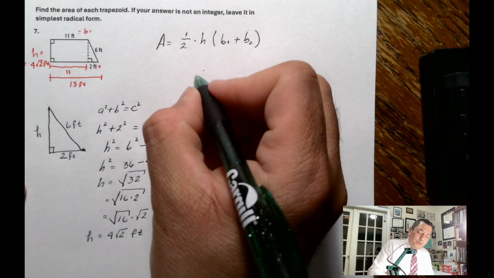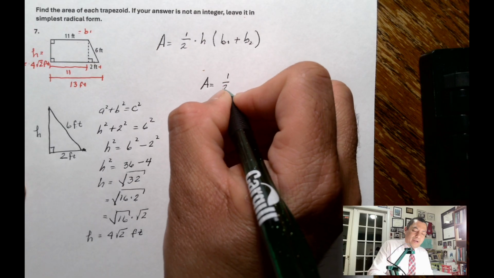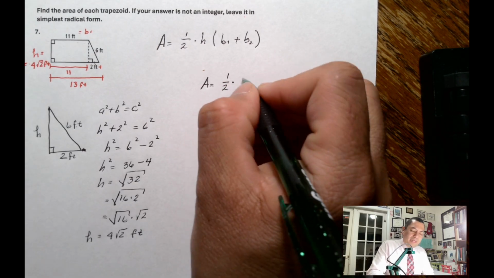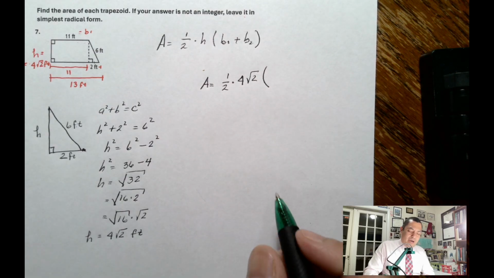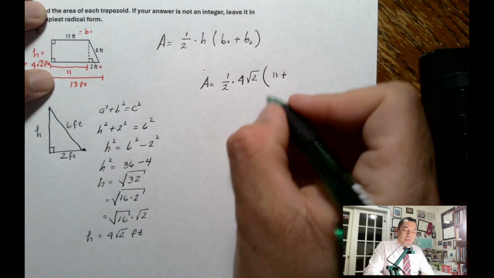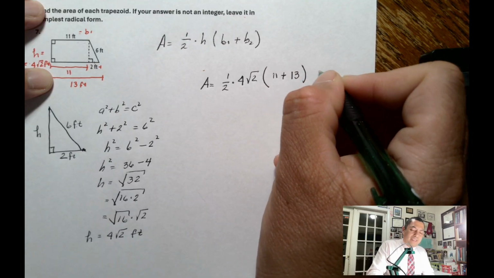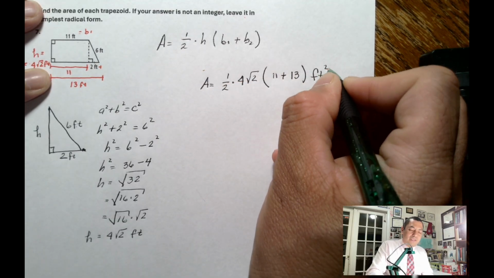The area equals 1/2 times the height, 4 square root of 2, times base 1, 11, plus 13. Remember, if we plug in everything, it is feet squared.